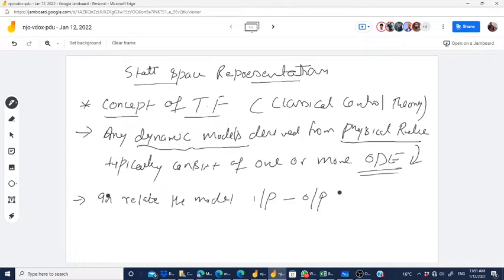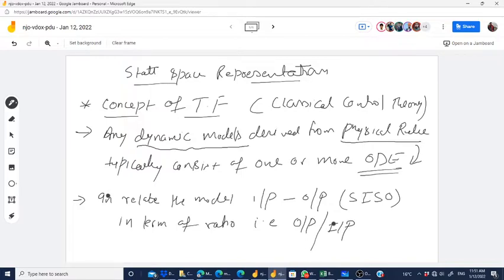So when we say input and output, we are simply talking about a SISO system, that is, single input single output. In terms of ratio, that is the output divided by the input. And this ratio in the Laplace form is known as the transfer function, right?